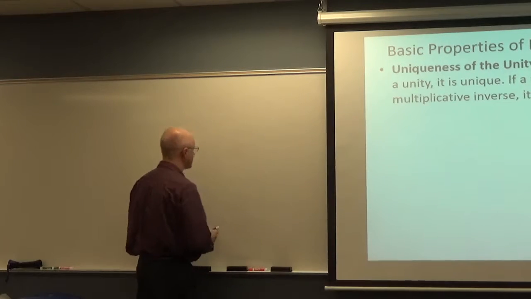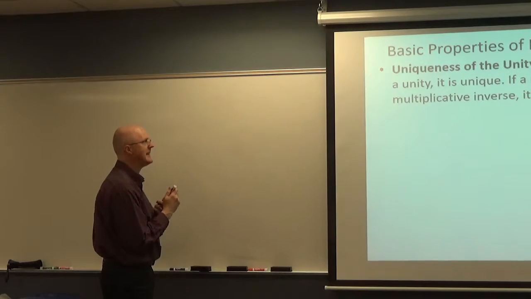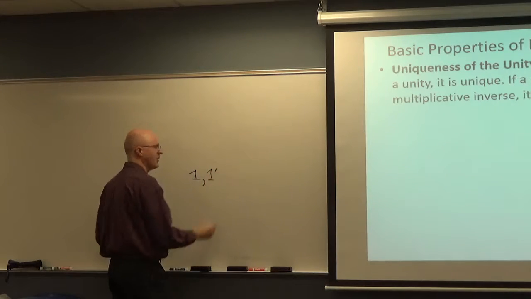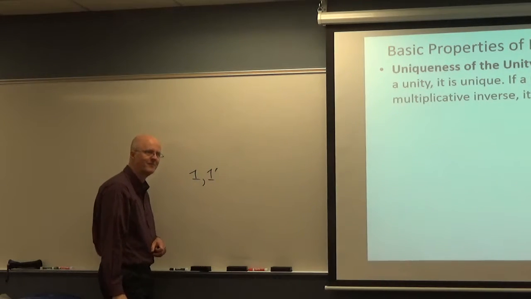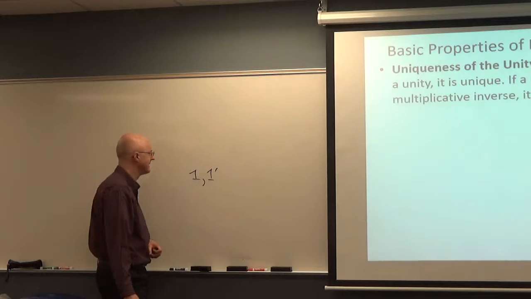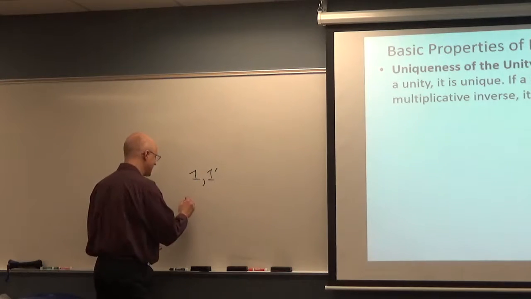A quick argument for showing the unity is unique is if you assume you've got two unities, 1 and say 1 prime. If you could show they're the same, that would show it must be unique. And it's a pretty quick proof, actually. It's kind of a fun little proof.